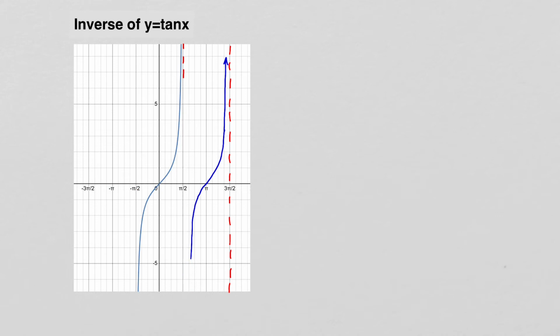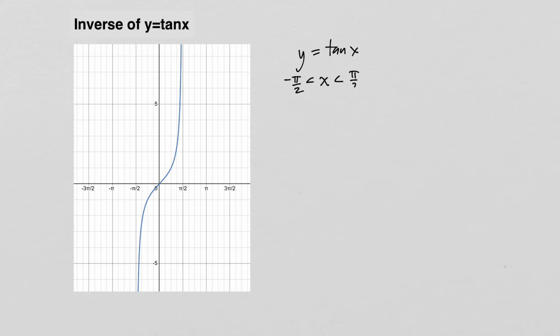So if I erase everything except for that piece of the tangent graph, what I'm doing is I'm restricting my domain of tangent to be all the values of x strictly between -pi/2 and +pi/2, and the y values for tangent are between -infinity and +infinity because it goes up and down forever, right?